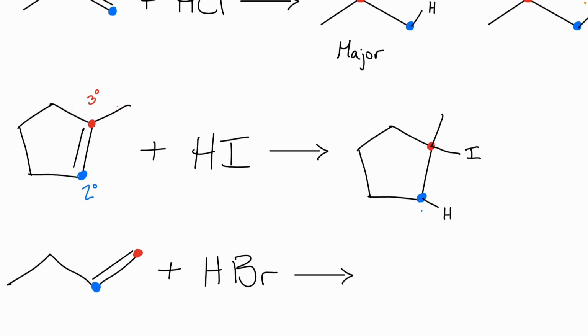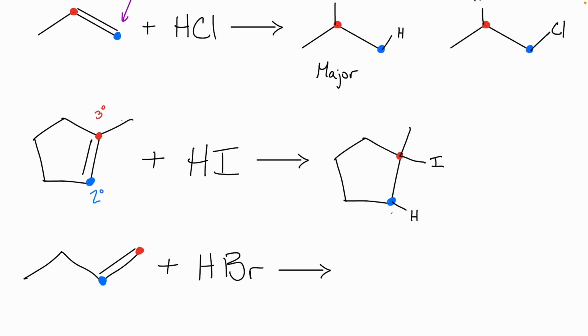Again, we want to put it on the more highly substituted carbon. So it would be a dimethyl and not a methyl on the red carbon. It's actually just one methyl group, because the other one is the iodine itself. So this is a carbon-iodine bond, and this is a methyl group right here.